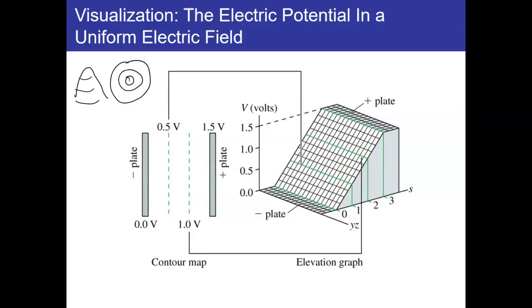And then finally, there's a little bit of a hybrid one you'll sometimes see called the elevation graph. Not as often, perhaps, but it's kind of a mixture of the two. So in this case, you can see I'm at 1/2 volt here at 1 millimeter, I'm at 1 volt at 2 millimeters. And so it allows you to see both the contours, essentially going up in a two-dimensional way, but then also you see the linear function here from the potential.